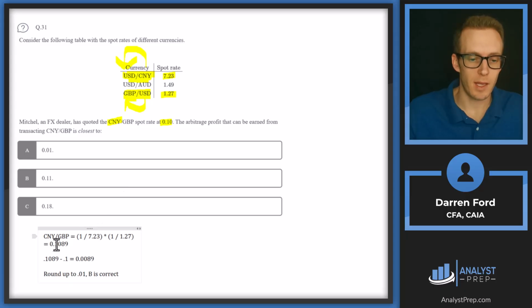So when we do that, we get 0.1089. So then we'll compare that to our dealer quote of 0.10. So we subtract that out, we get 0.0089, and we'll round that up to 0.01. Sorry, it should say A. So our correct answer is A.